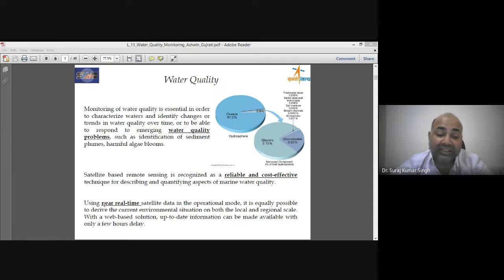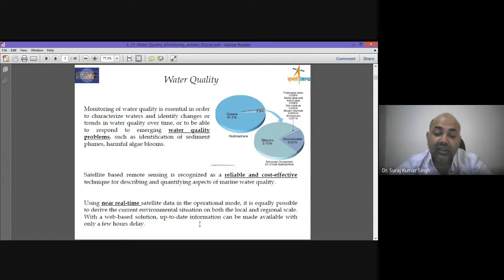So using near real-time satellite data in operational mode, it is equally possible to derive the current environmental situation at both local and regional level. So whatever understanding we are looking into can be dealt with at a local and regional level. With a web-based solution, up-to-date information can be made available with only a few hours' delay.